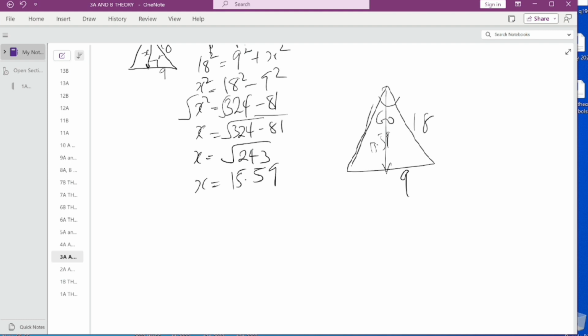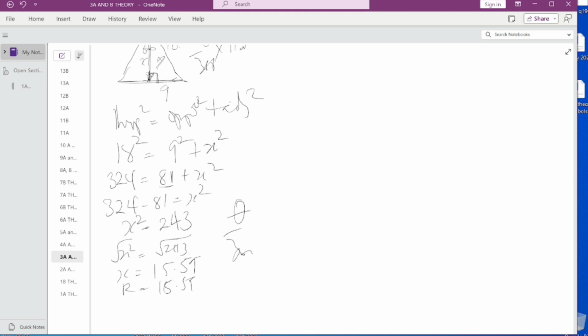So we use that to calculate the area of the sector, which is theta over 360 times pi r squared. We know our theta to be 60, so 60 over 360 times pi, which is 22 over 7, times our r, which is 15.59 squared.